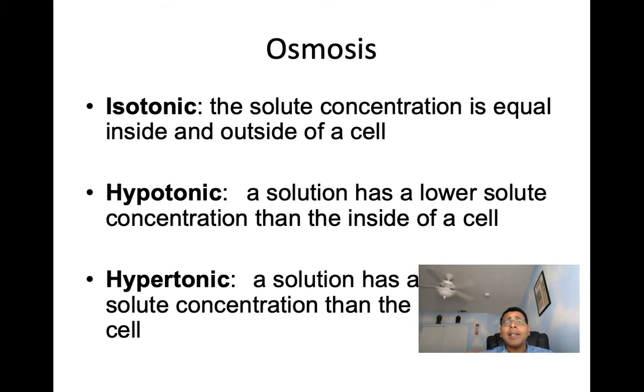Now in an isotonic solution, the solute concentration and the water concentration, both inside and outside the cell, are equal, and therefore there is no net gain or loss of water from the cell.